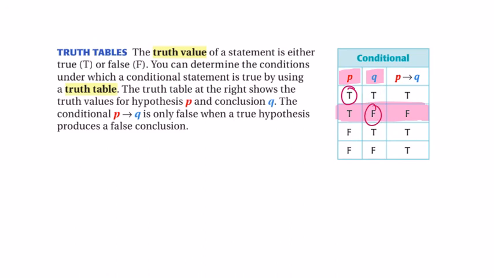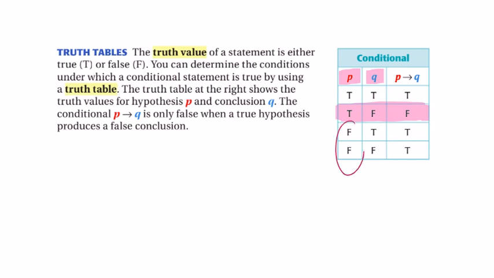If the conclusion is true, then the entire if-then statement, P implies Q, is going to be true as well. Now, if the conclusion is false for a true hypothesis, then the entire conditional statement is going to be false.